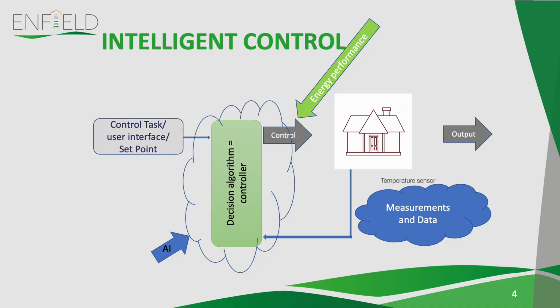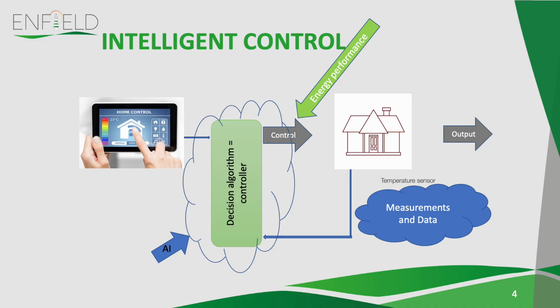If we are talking about smart cities, then buildings represent the controlled plant object, and set points, required temperatures, etc., the required indoor climate, are given by the user through the user interface.